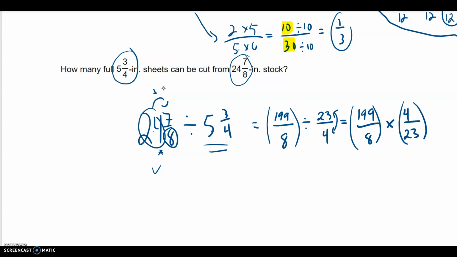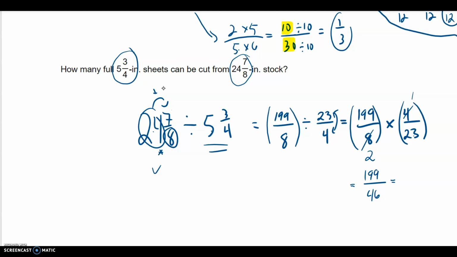And then I do that thing where I try and reduce if I can. So 4 goes into 4 once, into 8 2 times. And then I go ahead and I multiply 199, and I get 2 times 23, 46. I'm going to use my calculator here. And now I got to take this back to a mixed number.